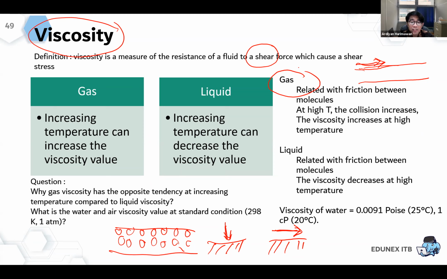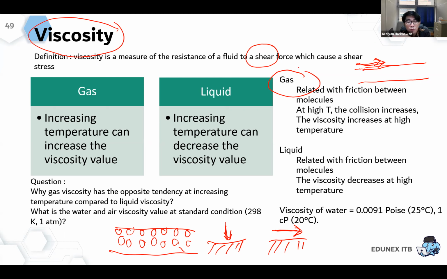However, liquid experiences two interactions, right? Intermolecular force and also the cohesive force. When you increase the temperature, of course, the friction is also higher. The intermolecular force is also higher, but the cohesive force becomes lower because the distance between the molecules increases, right?